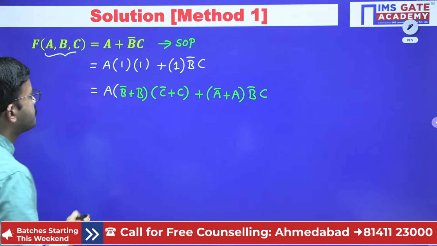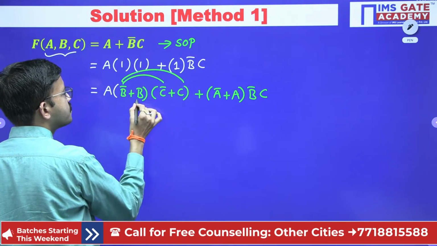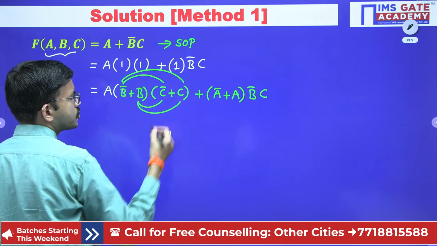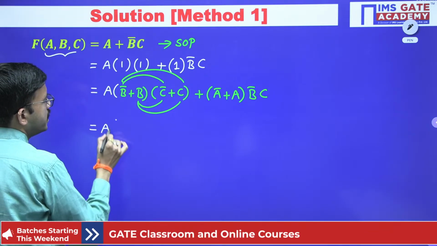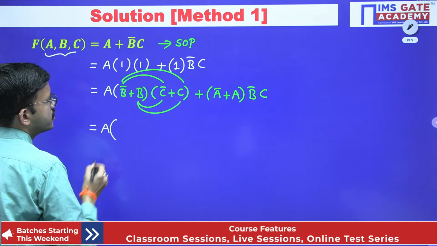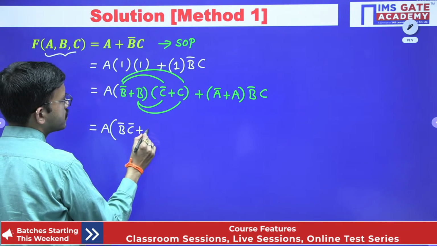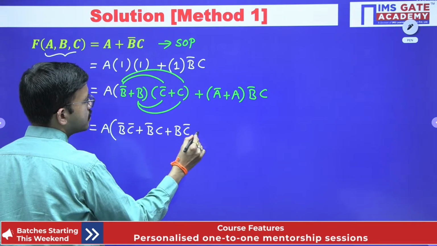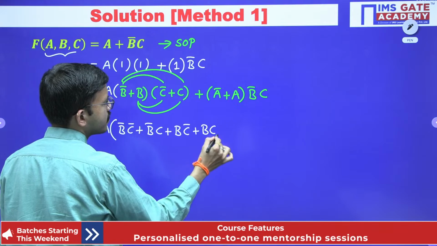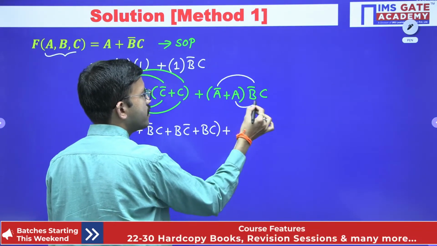Now we will consider B bar and multiply it with these two. Similarly, consider B and multiply with these two. Here the A term I am copying, keeping it outside. B bar C bar plus B bar C plus B C bar plus BC, plus here multiply A bar with this one, A with this one.